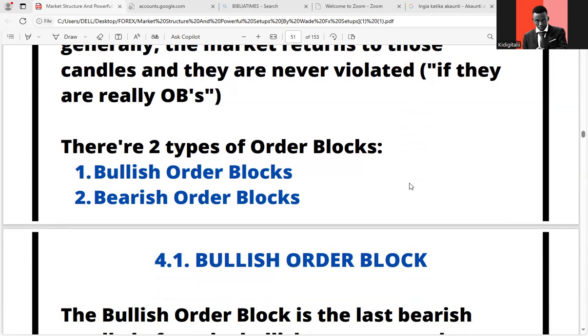The first type is what we call the bullish order block, and the second we call the bearish order block. Bullish stands for bulls, that is buying, that is going long. When we go long, we go bullish. When we go short, we go bearish.